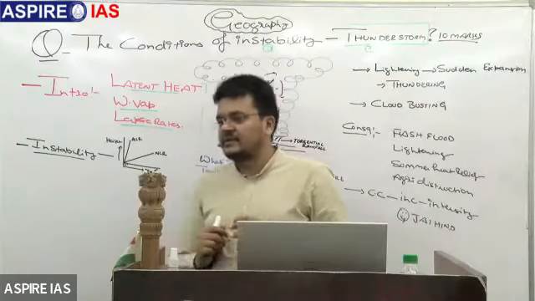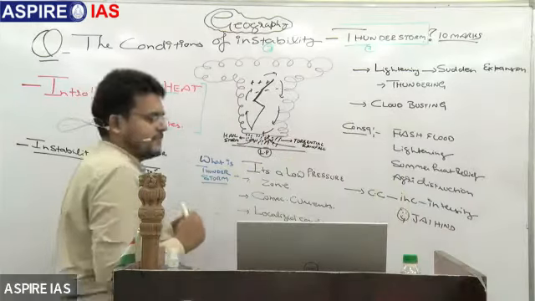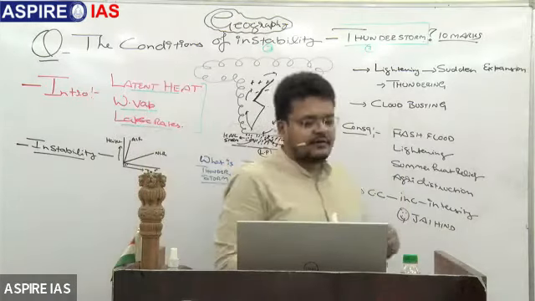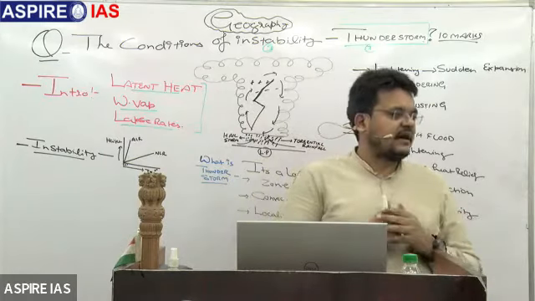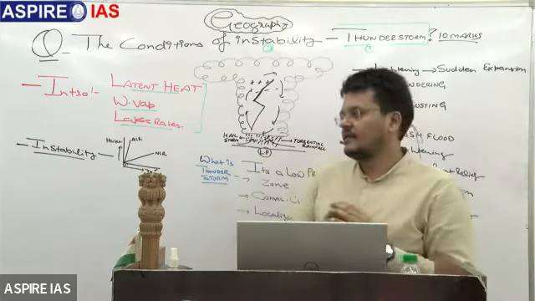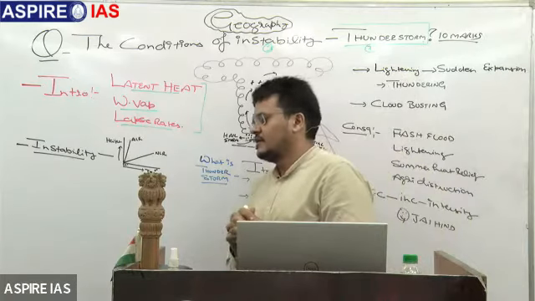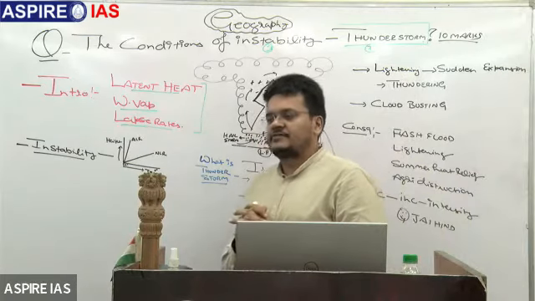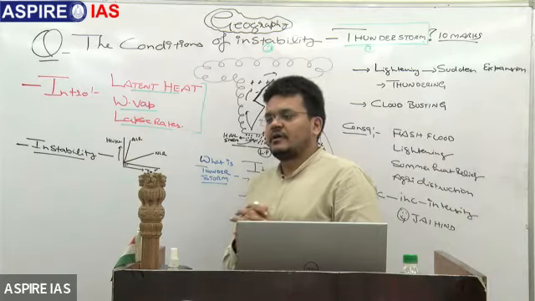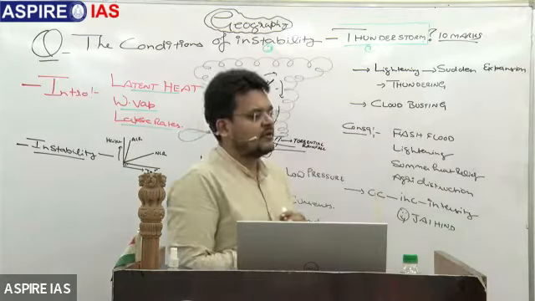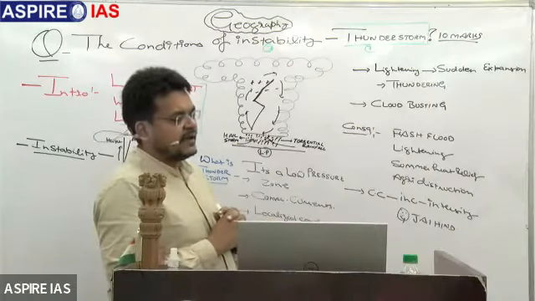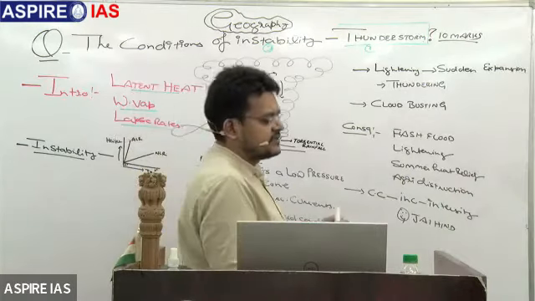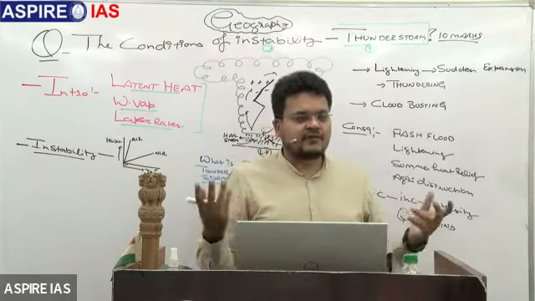Therefore, within the atmosphere, 2 different types of lapse rates are working: normal or environmental lapse rate, and adiabatic lapse rate. Now this is a very simple introduction of a 10 marker question.